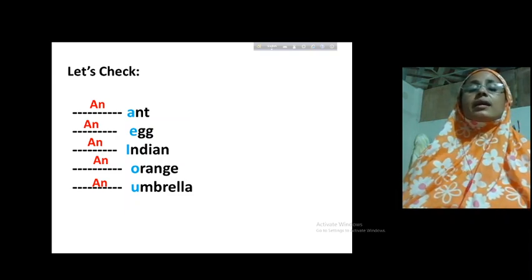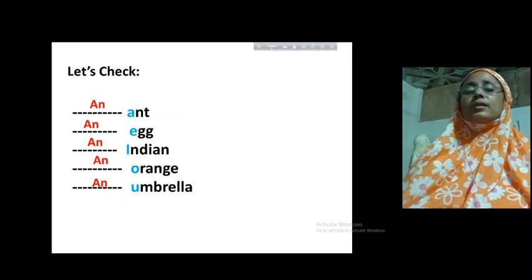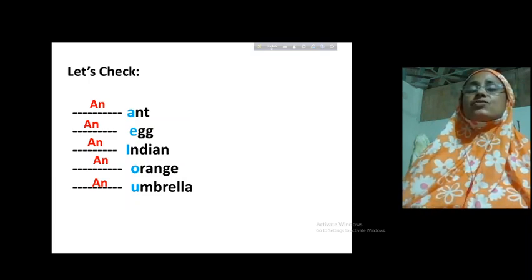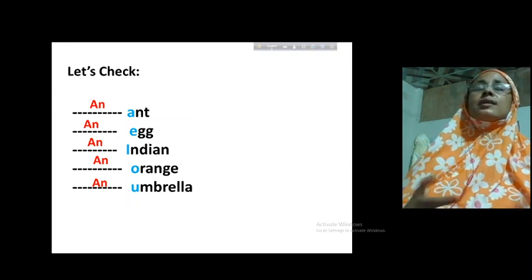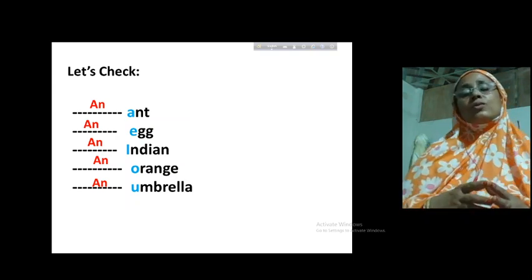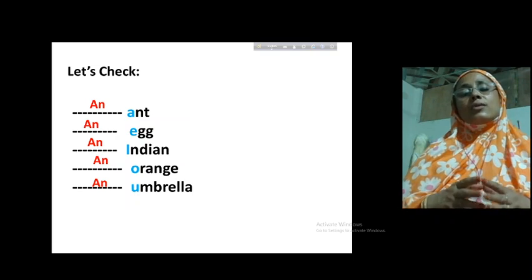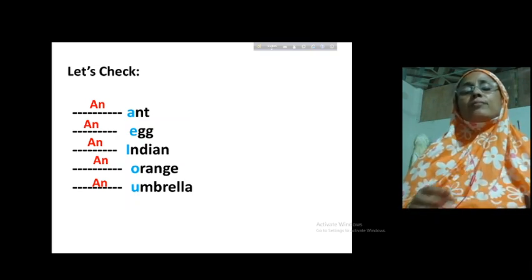U sounds like a, not you. U has two sounds, u and a. If it sounds like a, then it is a vowel sound. If it sounds like you, then it is a consonant sound. So when we use a vowel sound, we have to use an.